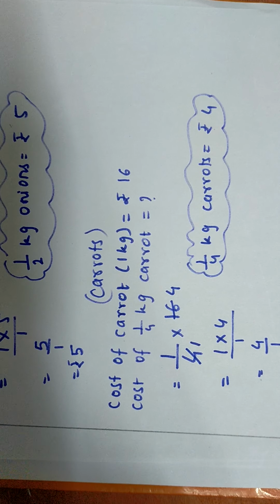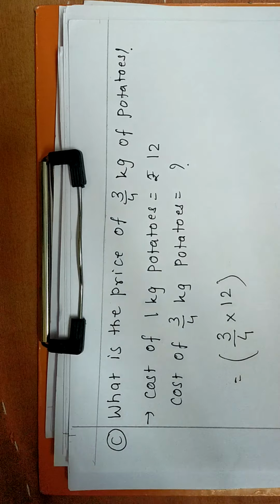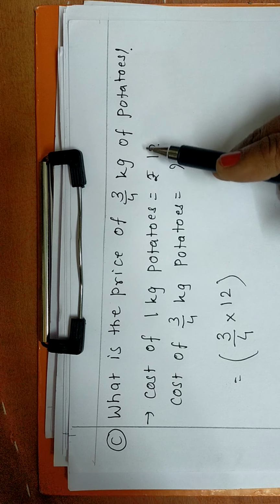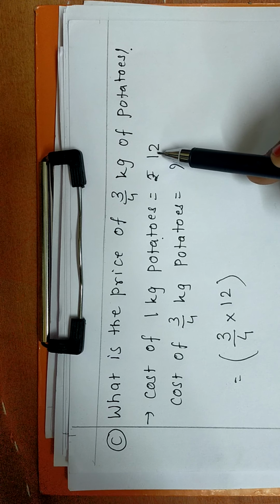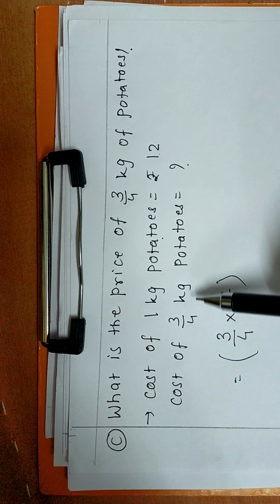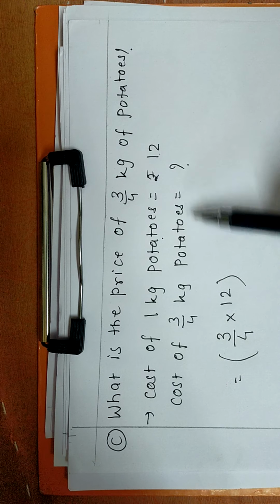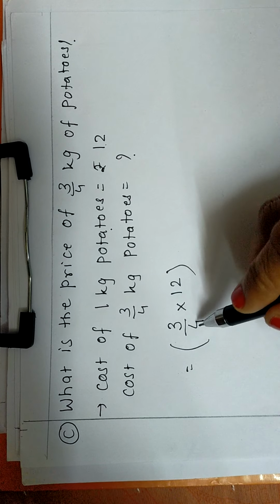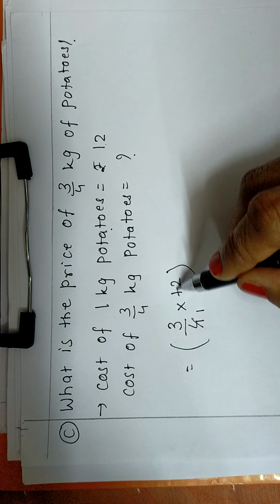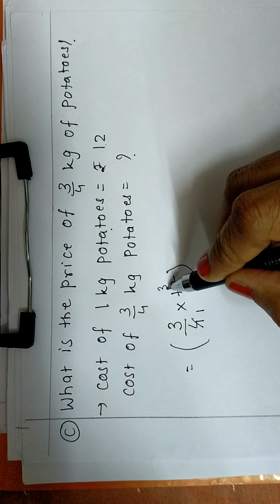Now let's move toward C. What is the price of 3/4 kg of potatoes? The cost of 1 kg potatoes is 12 rupees. This is already given. Now the cost of 3/4 kg potatoes we have to find out. So 3/4 of 12, right? 4 ones are 4, 4 twos are 8, 4 threes are 12.